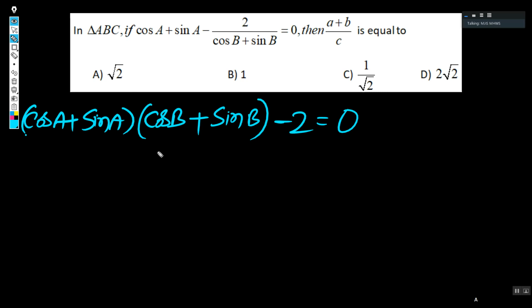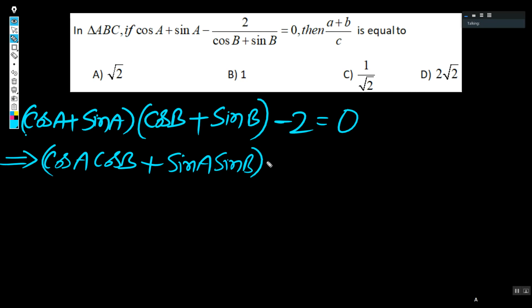Now I have taken LCM there. Now this one, if you see, cos A cos B plus sin A sin B is there, plus sin A cos B plus cos A sin B is equal to 2.